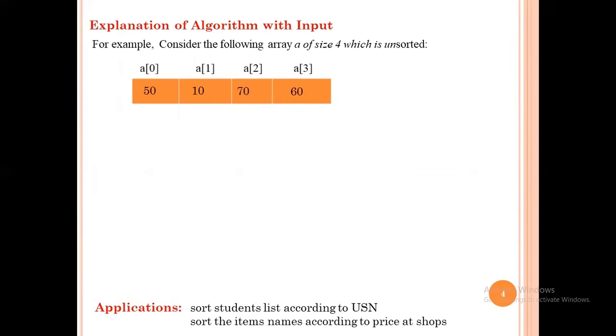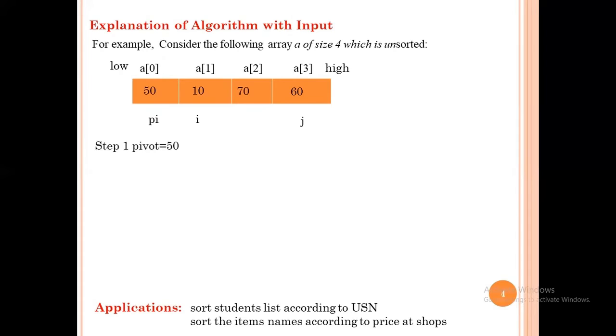A of 0 represents 50, A of 1 represents 10, A of 2 represents 70, A of 3 represents 60. Here low is pointing to index value 0, high is pointing to index value 3. 50 represents the pivot element and i is pointing to 1, j is pointing to index value 3.